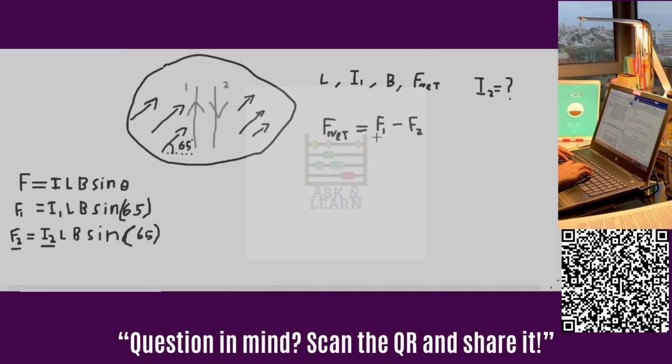But we found F1 and we know what F net is, so we can rearrange this equation to solve for F2. I'll do it in two steps here. If we were to subtract F1 from both sides, we get negative F2 is equal to F net minus F1. I'm just going to call it Fn for brevity. F net minus F1.